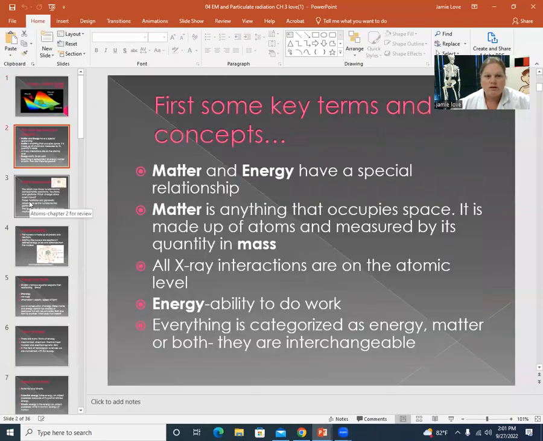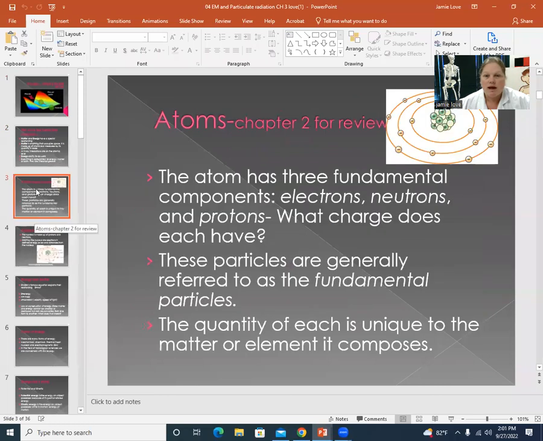We talked about what the atom was, the three main parts to the atom. The protons and the neutrons are in the nucleus. Protons are positive, neutrons are neutral. Around the nucleus, we have shells, starting with the K shell and working their way out, where you see the little negative electrons rotating around the atom.